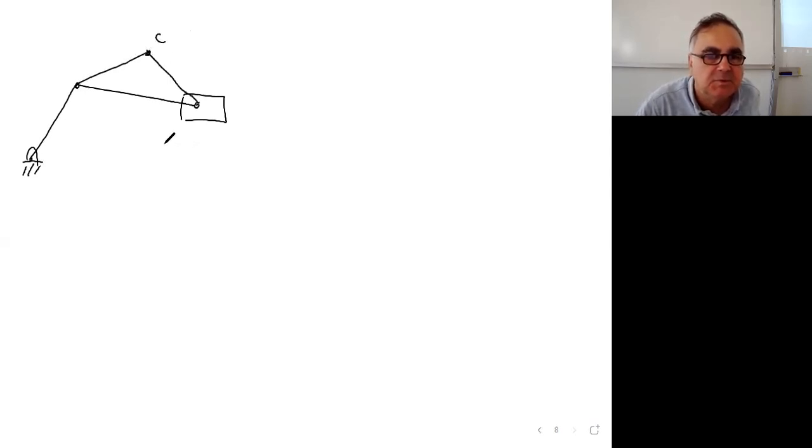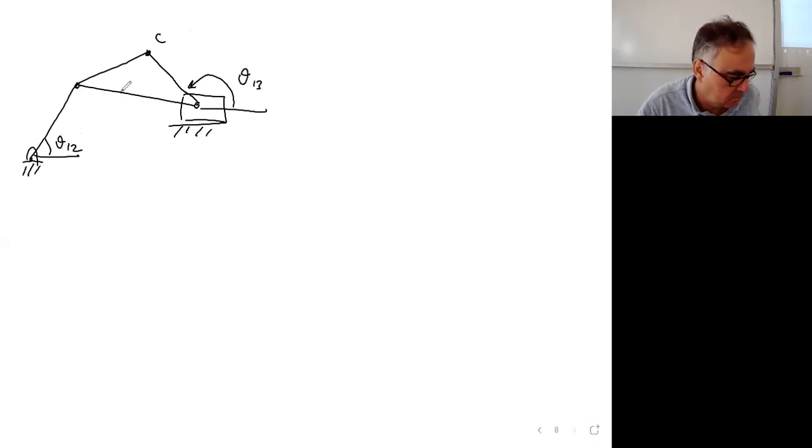Let's say this is point C. This distance is B3, this is C3, this is A, this is 0, this is B, 2, A, 2.